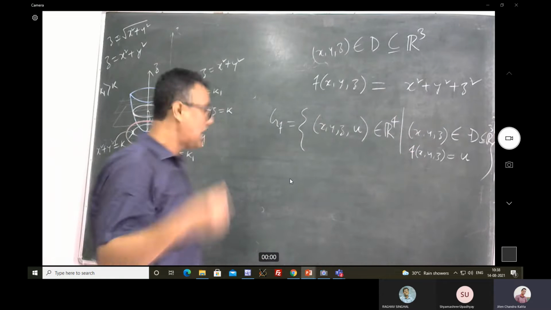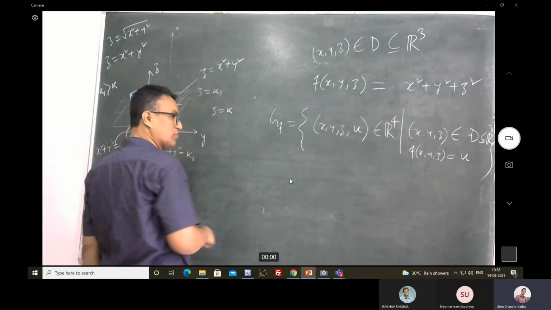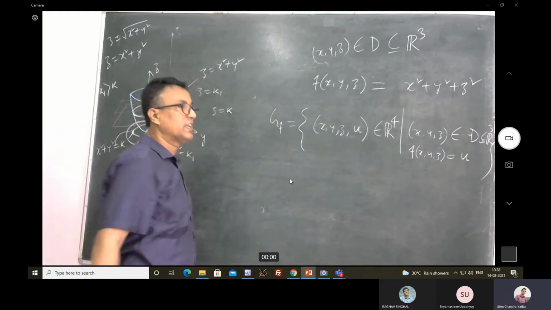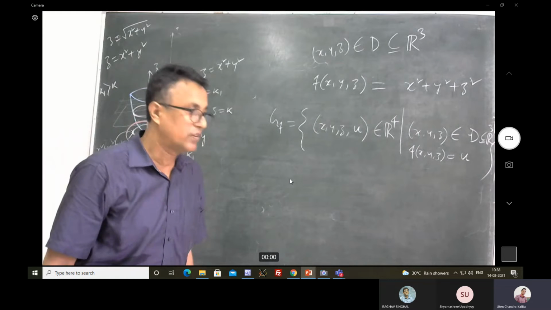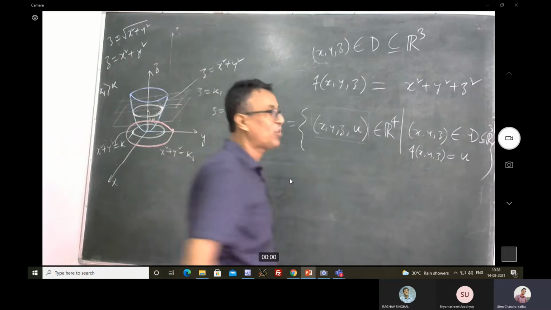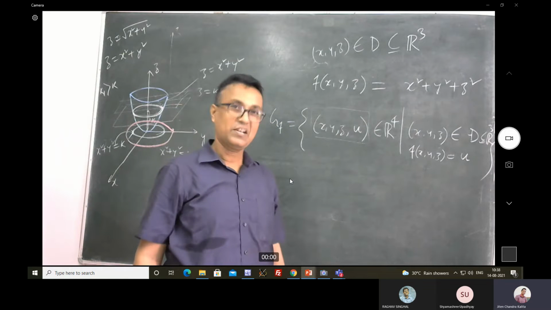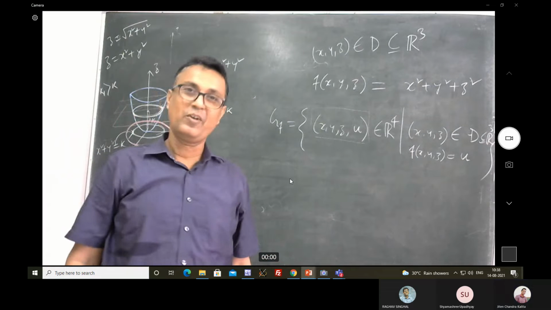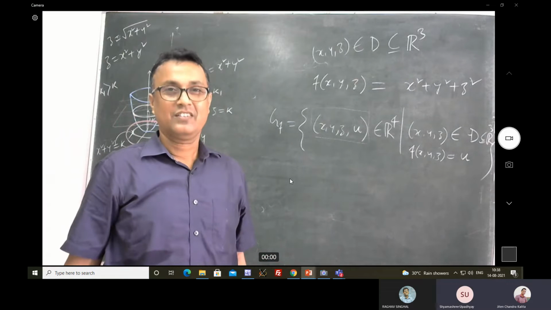Fine. Earlier, for a function of two variables, I was taking the union of all those points (x, y, z) in R3. So now, can you visualize these points in R4? Actually, it is very difficult. Is it okay? Fine.